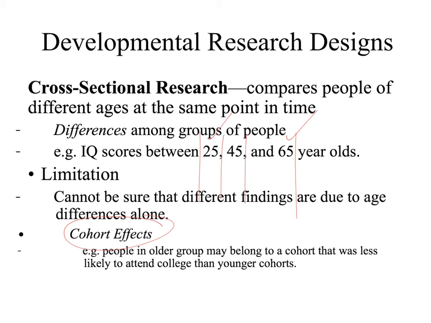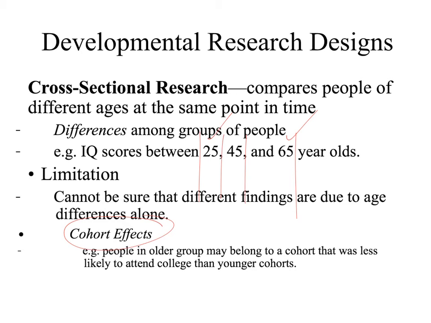I know my parents and grandparents did not go to college, and yet they were able to afford a house, and they were able to do things that now it seems that for younger people, if you don't go to college, you could probably kiss the house goodbye. And that's a cohort effect. Younger generations require and are exposed to more college than previous generations.